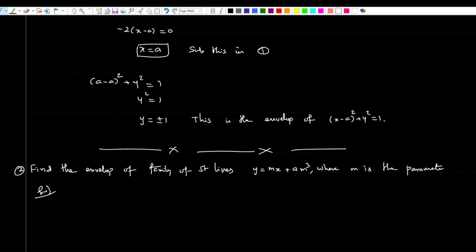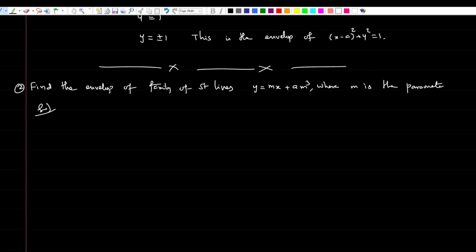So let me find the envelope of the family of straight lines. What is given? The curve is y equal to mx plus am cubed. Let me consider this as equation 1. It is given that m is the parameter.